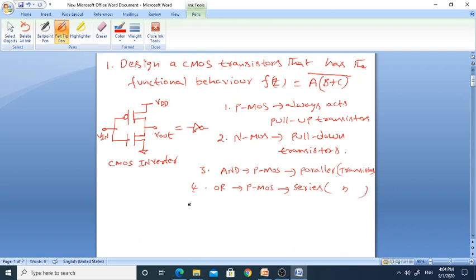If you want to implement an AND function by using NMOS, the transistors are in series.